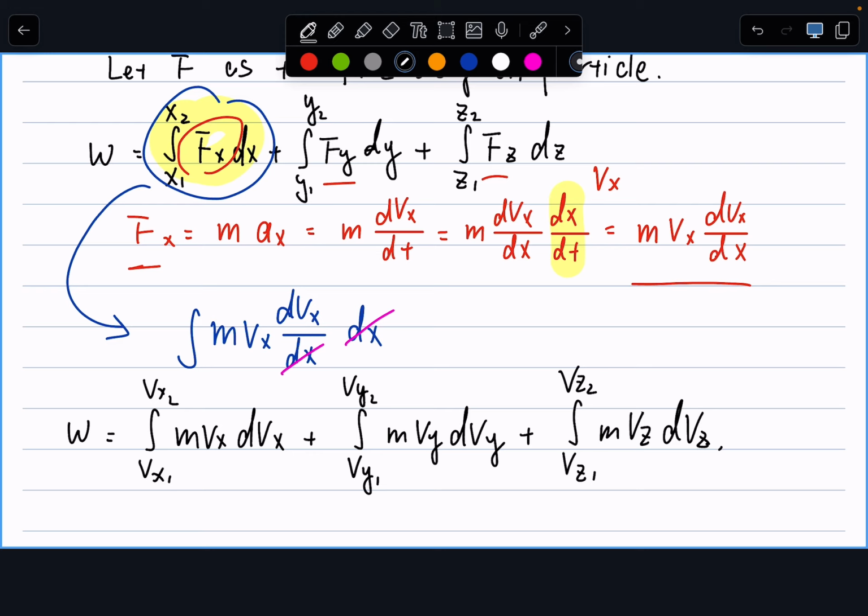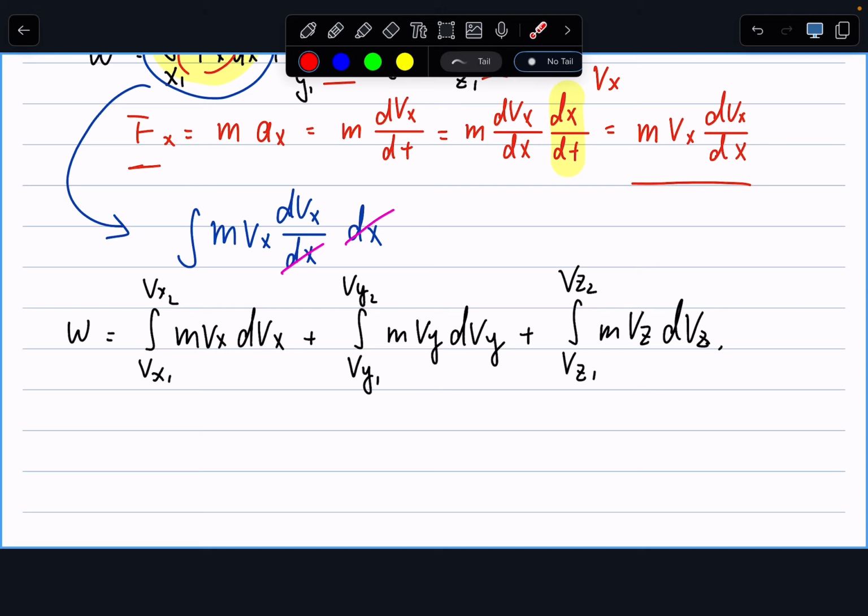All right, so taking that integral out, now this one is a definite integral we can solve for. Mass is not dependent on your Vx.